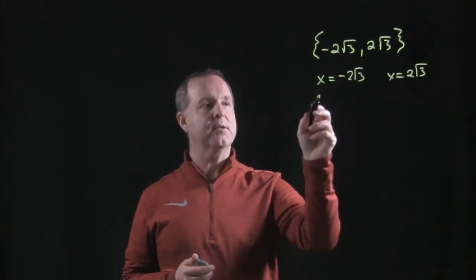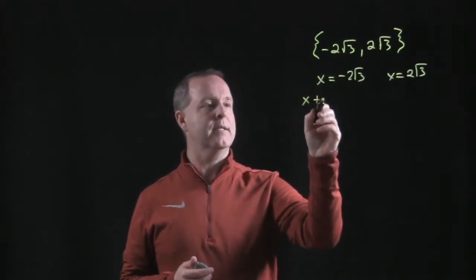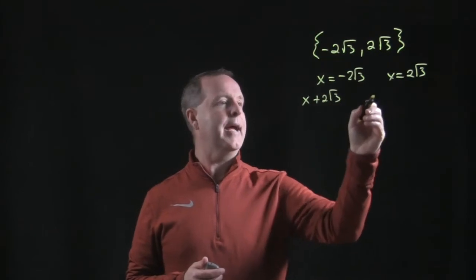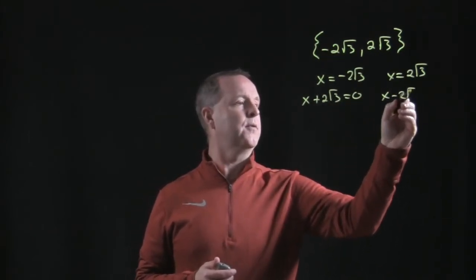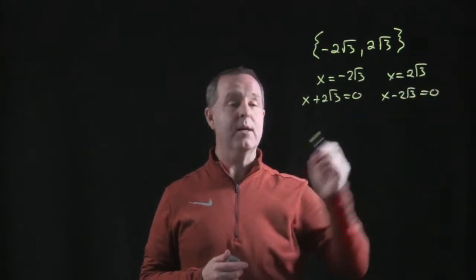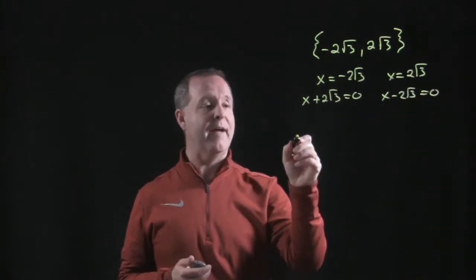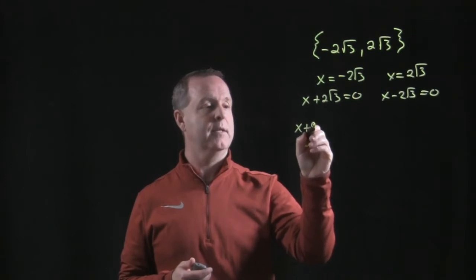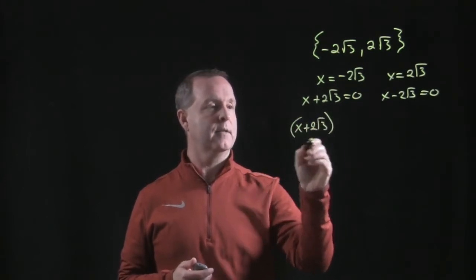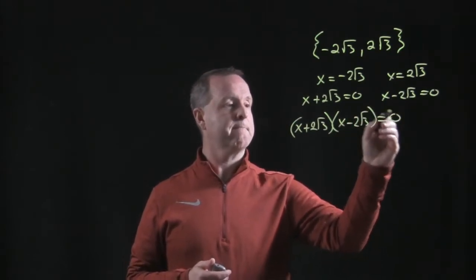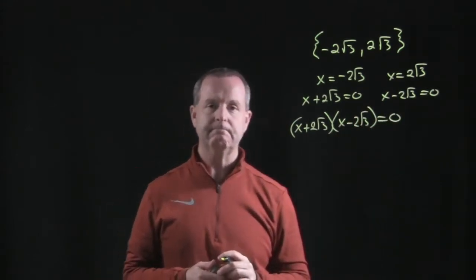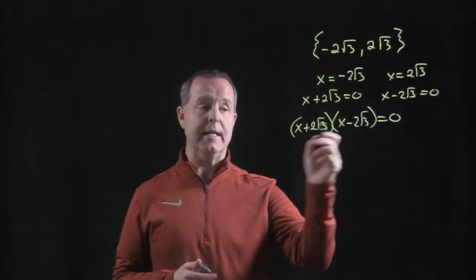To create the factors, this would be x plus 2√3 equals 0, and this one is x minus 2√3 equals 0. Those are my factors. So I have x plus 2√3 times x minus 2√3, all equal to 0. So multiply these two together.